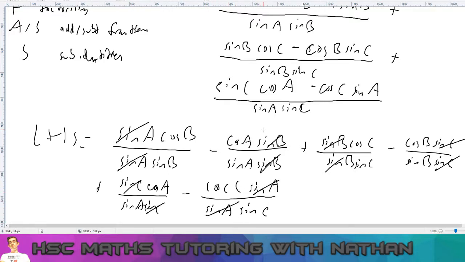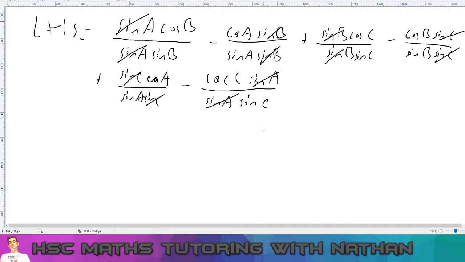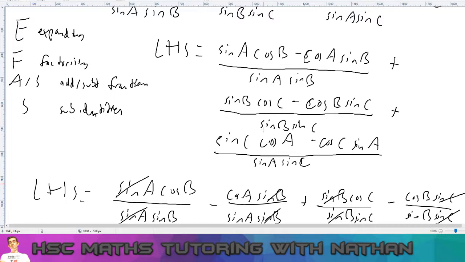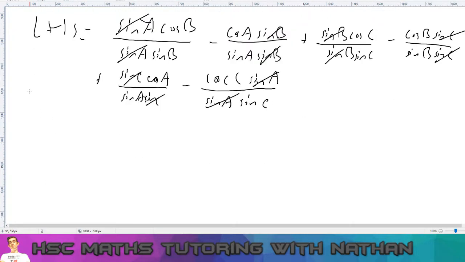What you'll notice now is that every fraction has cos over sine with the same letter, which means we can use our identity. What's cos over sine? Well, that's cot.